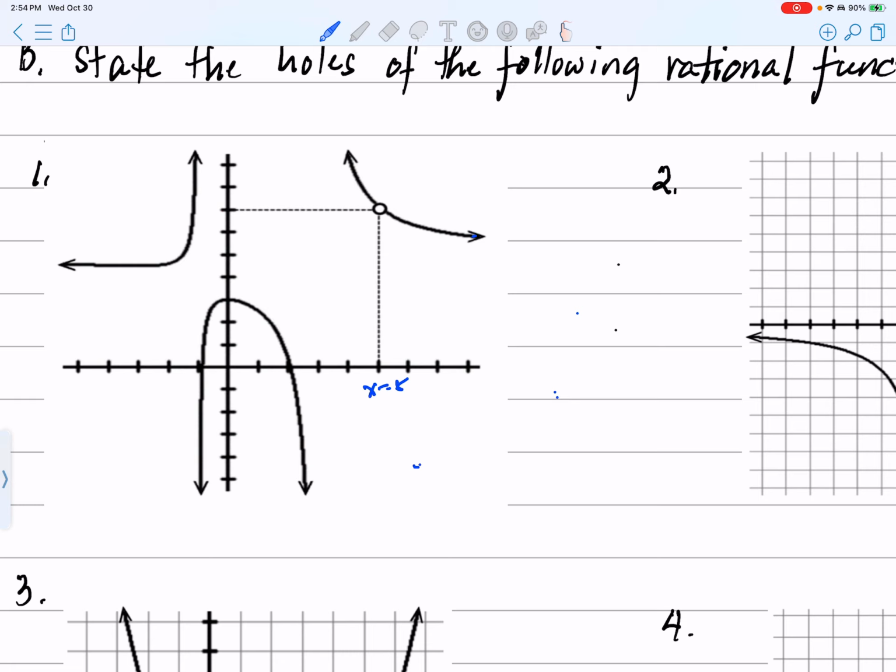As the value of x approaches 5 from the right, as well as from the left, it approaches somewhere in the location here: 1, 2, 3, 4, 5, 6, 7. That is 7.